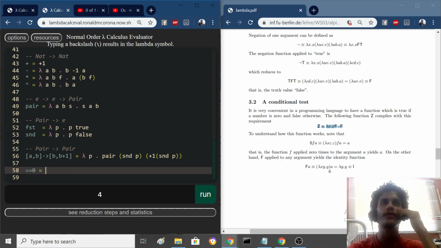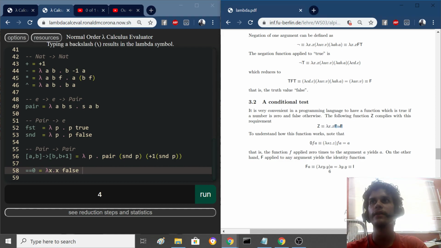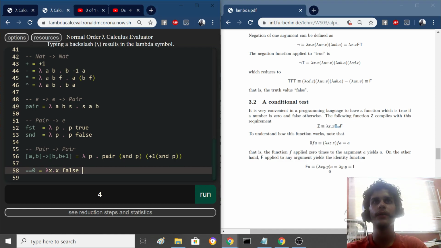I'm going to call it equals 0 like that. And I'll just copy down the code. It says x dot x and then false. That f is actually a false, and then that weird symbol right here is actually a not, the mathy logical symbol that they use for it.